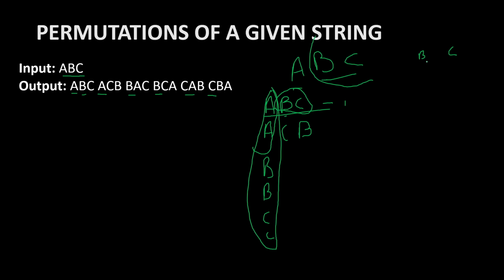So at this first time, we get this BC value. After fixing B, we have C now. So BC becomes one permutation. Now fix the B, that is done. Now in the second case, in recursion, we fix the C. Now only B is remaining inside the recursion, and we will store these two values inside the list.